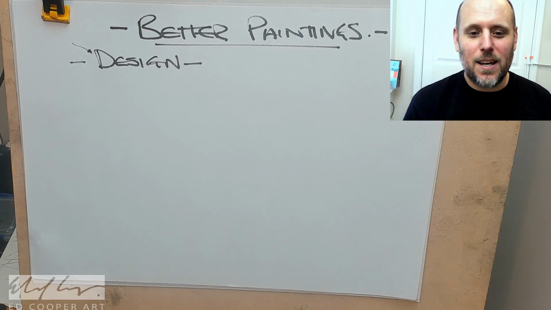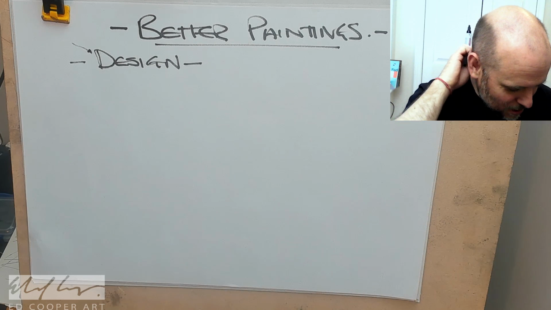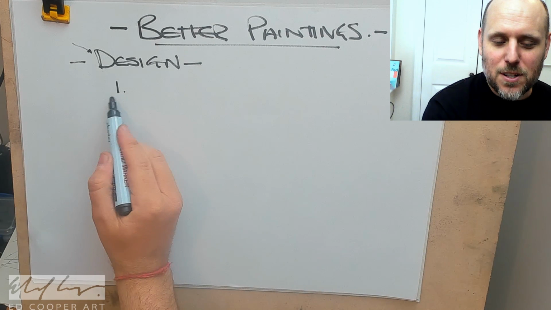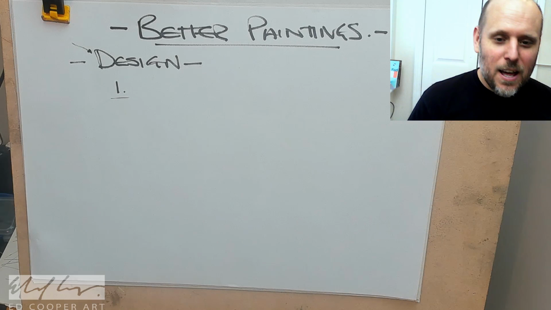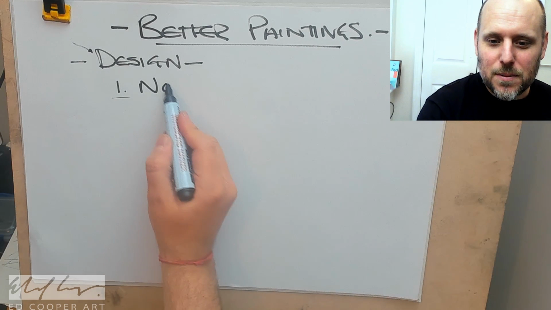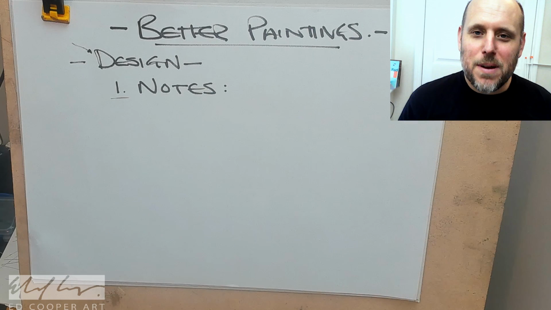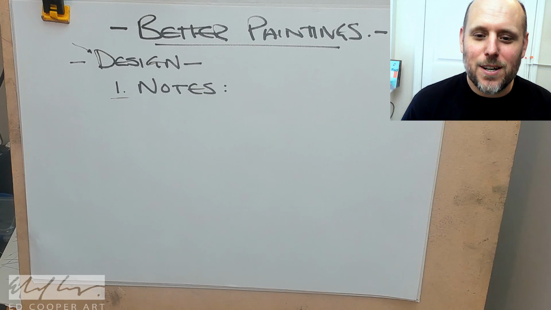But he talks about a couple of stages which I think echo something I mentioned earlier. The first one is to make some notes. Okay, and this might be about your theme, or it might be about the specific picture you're going to copy.